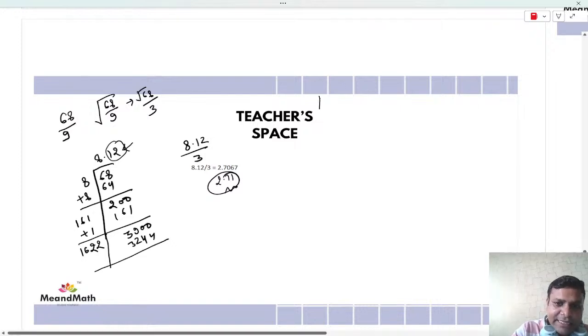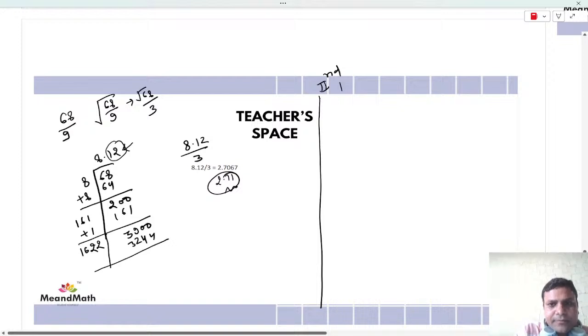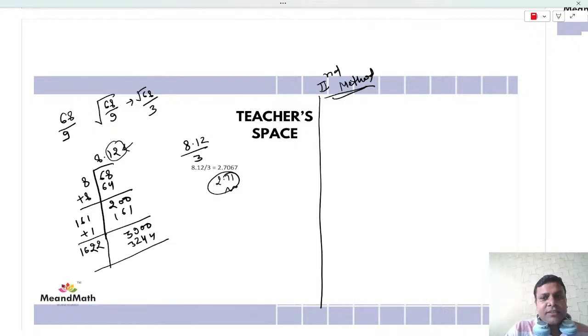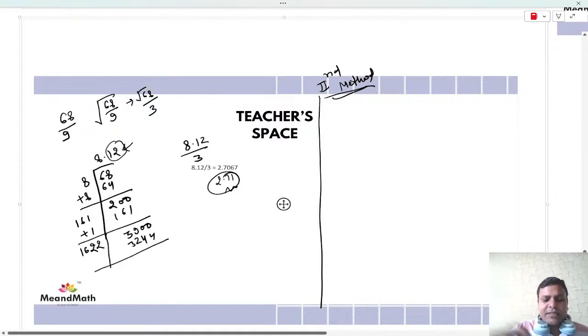Okay, second method. First, simplify 68 upon 9. कर देता हूँ आप लोगों के लिए. 68 divided by, sorry, 9.